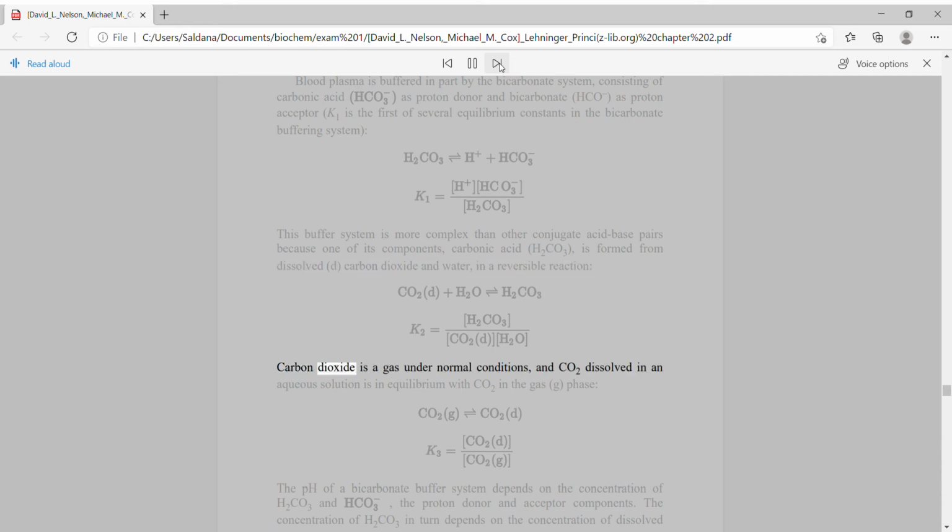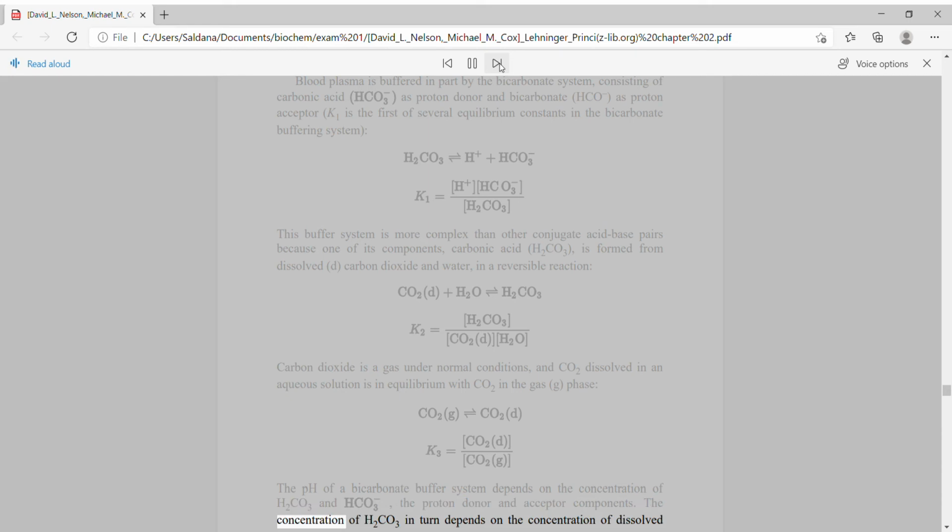Carbon dioxide is a gas under normal conditions, and CO2 dissolved in an aqueous solution is in equilibrium with CO2 in the gas (g) phase. The pH of a bicarbonate buffer system depends on the concentration of H2CO3 and the proton donor and acceptor components.